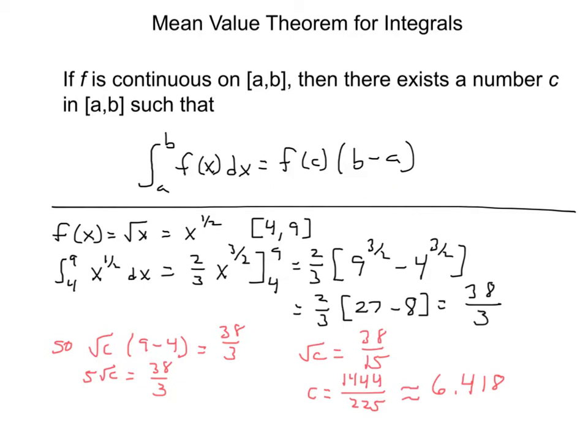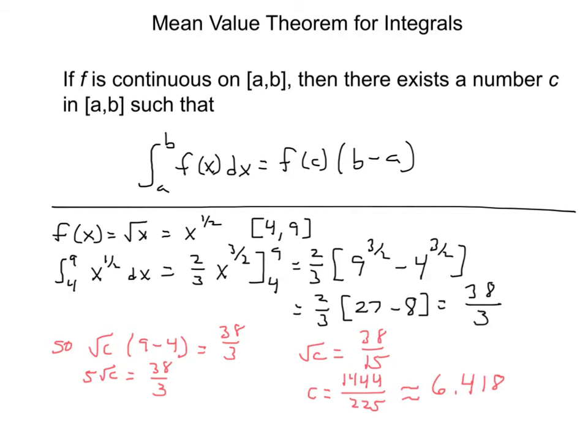In other words, that's going to look very similar to what we did with a Riemann sum. And what we're saying here is that we can come up with a single rectangle. The base of that rectangle is going to be b minus a. The height of that rectangle is going to be f of whatever c is. And when I do that, the result is going to be the exact value of that area.